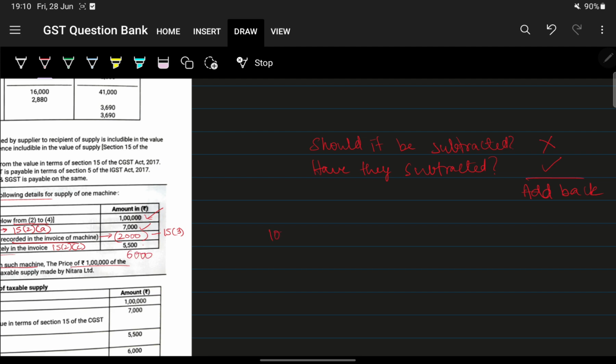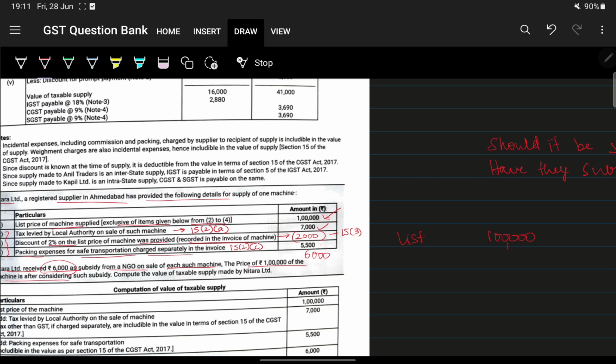So here list price 1 lakh, and then the 7,000 was relating to the local authority tax, and then discount of 2,000.